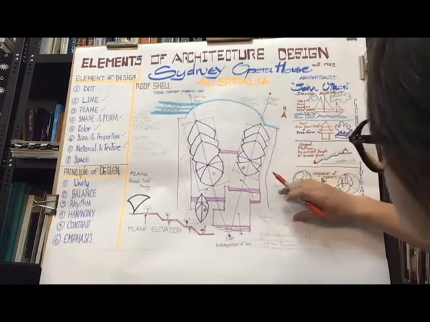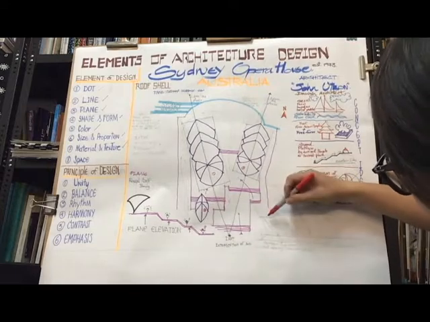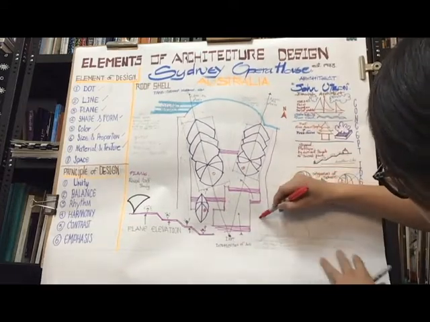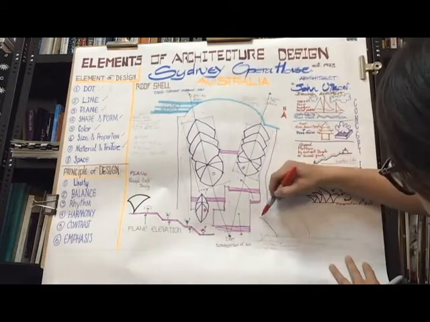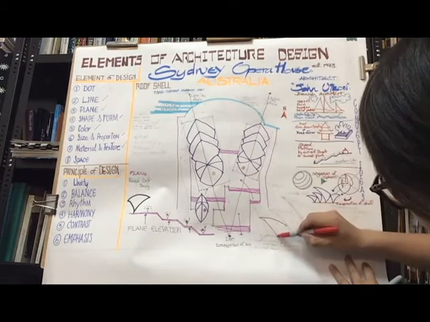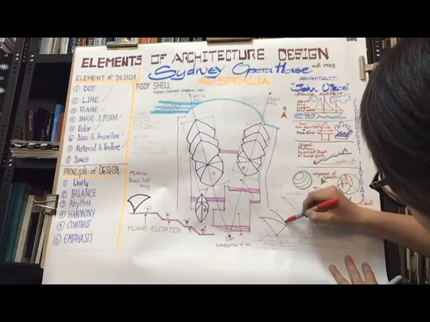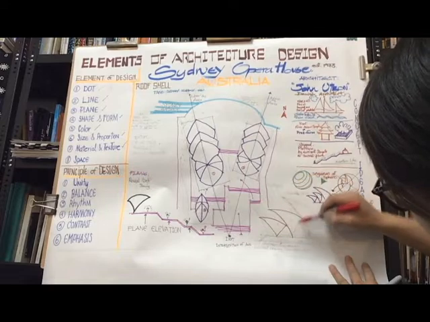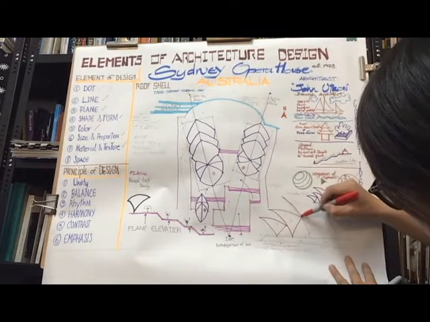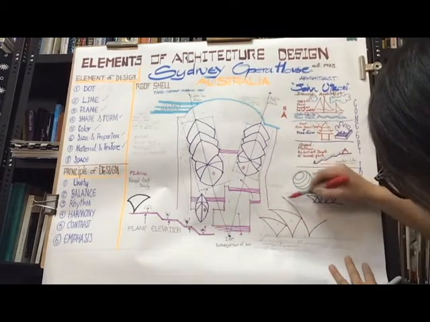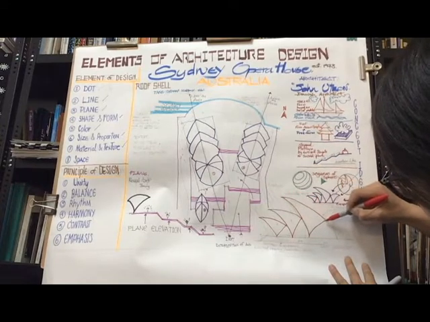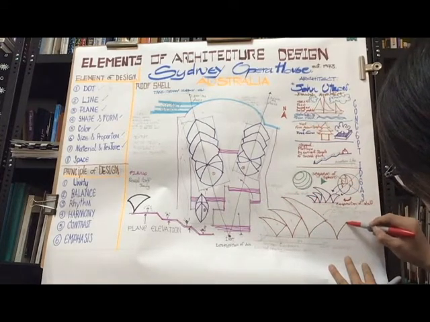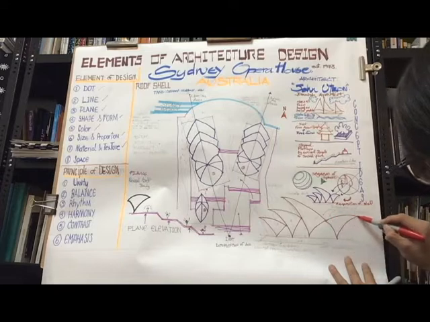Okay, the form here, I am drawing this waist elevation. So the waist elevation looks like around this.